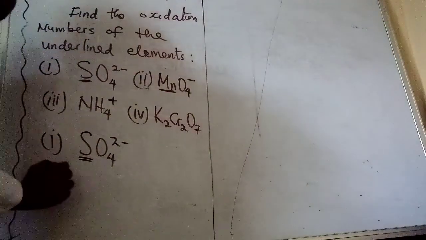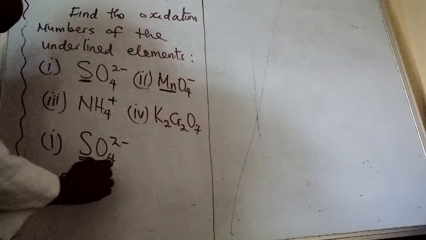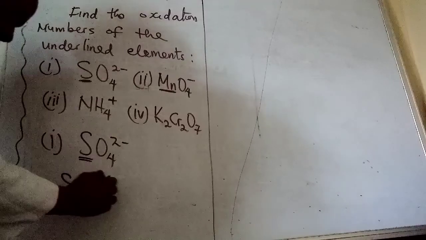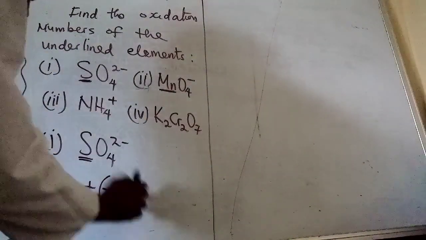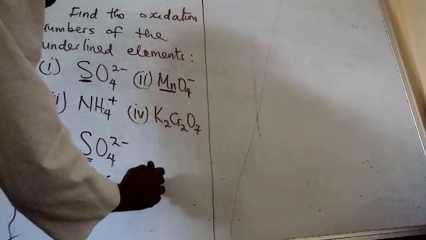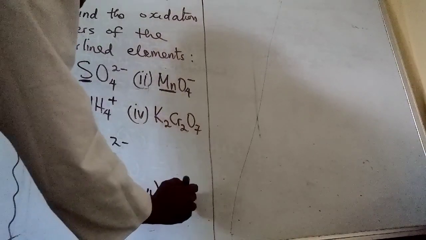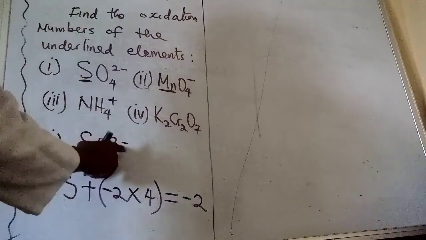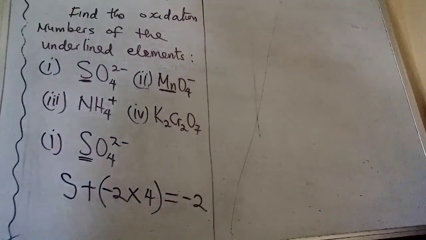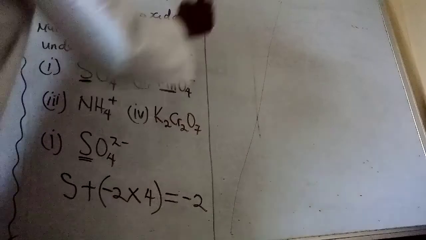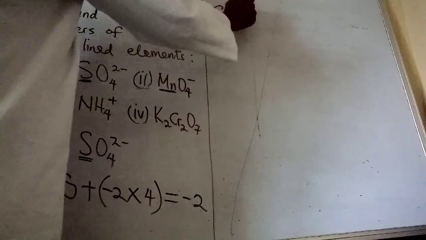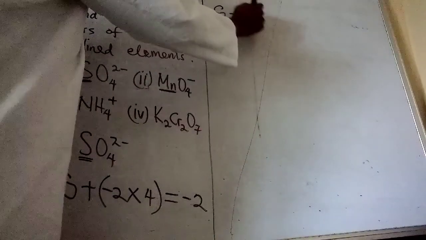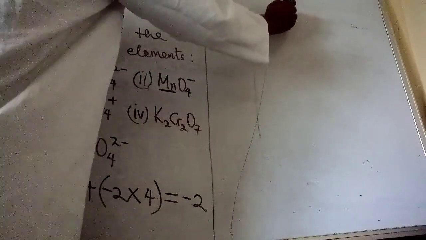So S plus oxygen, which is minus 2, times this 4, everything equals minus 2. That will be S plus times minus is minus, and 2 times 4 gives 8, equals minus 2.